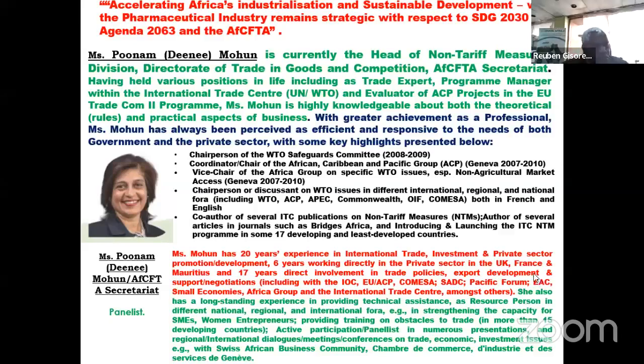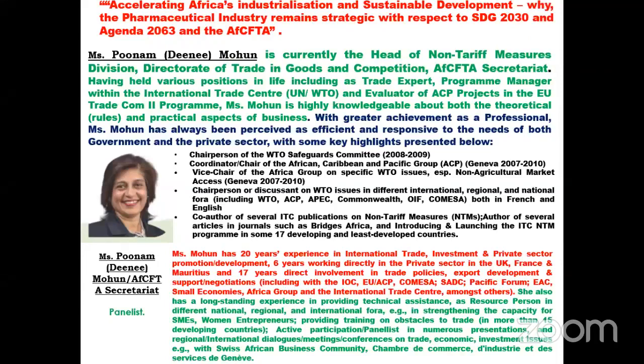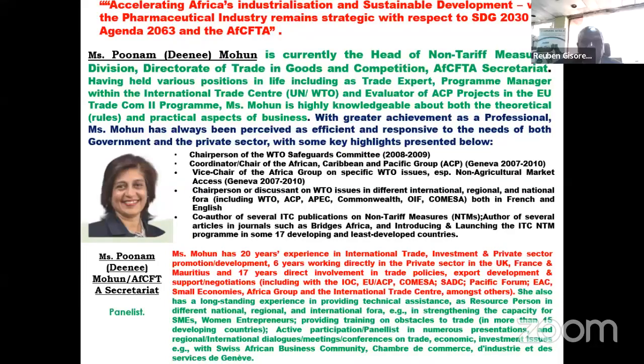She has held various positions including as trade expert, program manager with the International Trade Center, and evaluator of ACP projects in the EU TradeCom 2, and as chairperson of the WTO Safeguards Committee 2009, coordinator of chair of the African, Caribbean, Pacific, the ACP group, Geneva, and vice chair of the African group on specific WTO issues.